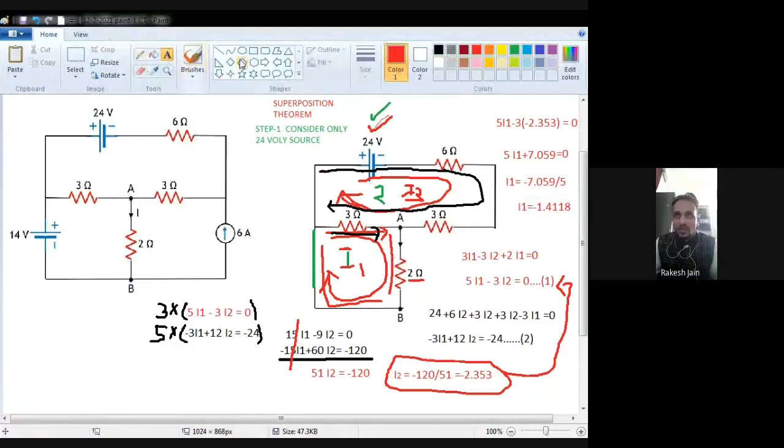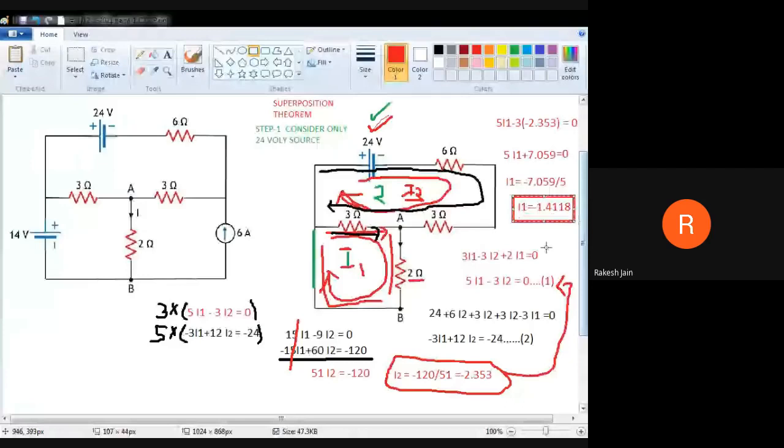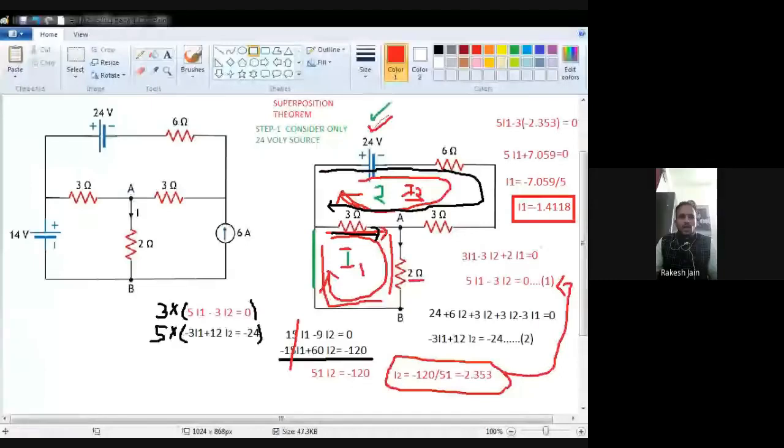So now what it becomes? 15I1, okay, now 3 multiplied by 3, that is 9I2, and that is equal to 0 multiplied by 3, that is 0. Okay, now the lower equation multiplied: minus 3 multiplied by 5, so minus 15I1.